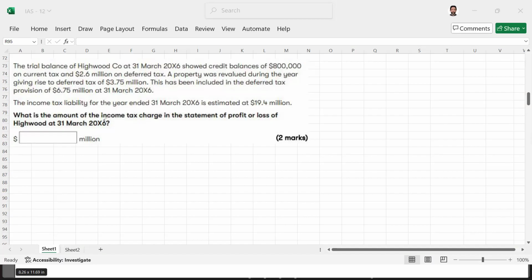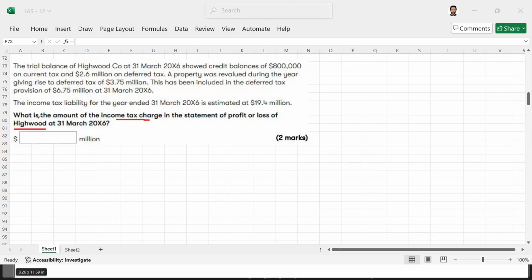What is the amount of the income tax charge in the statement of profit or loss of Highwood? So Highwood is the company, and we want to calculate the income tax charge. So remembering the three steps: the under over provision, the charge for the period, and then the deferred tax adjustment. Okay, so let's see. Let's understand this one.